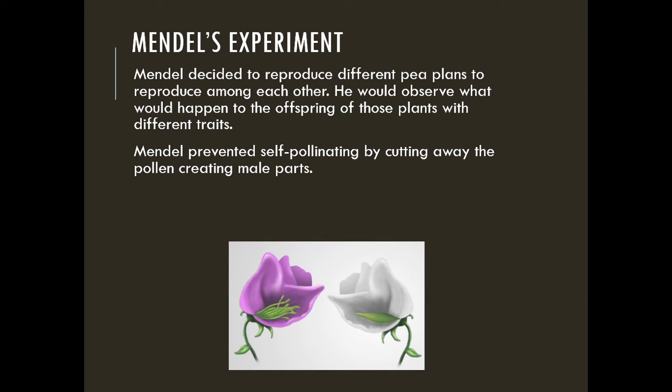And remember that what he was studying was what will happen if he combines the genes from two different plants, and of course, what will happen if the traits that these plants had were different. So he had to prevent the natural process of self-pollination, because what he wants is pollination among both plants, not only one of them.